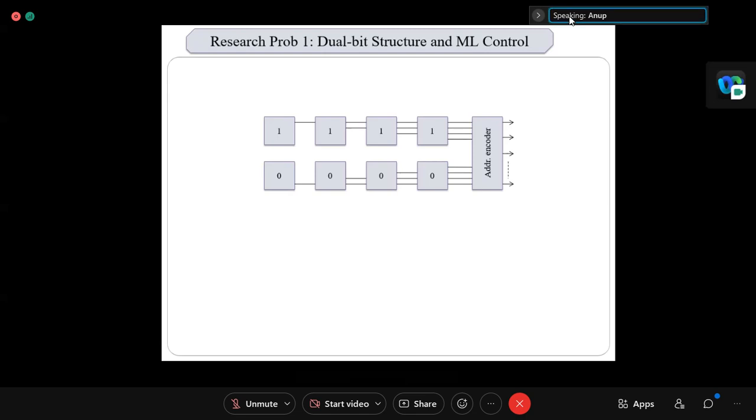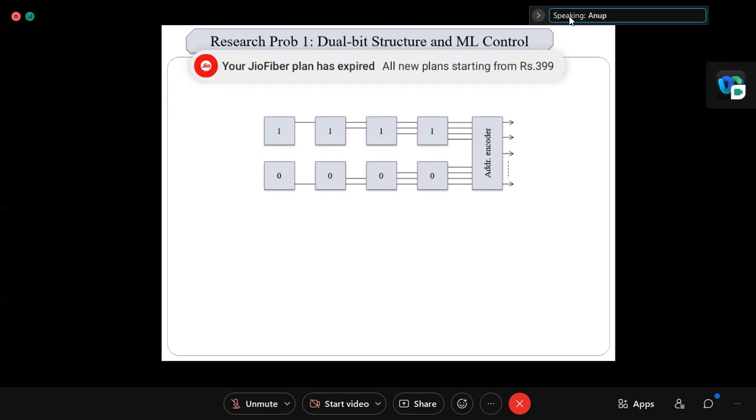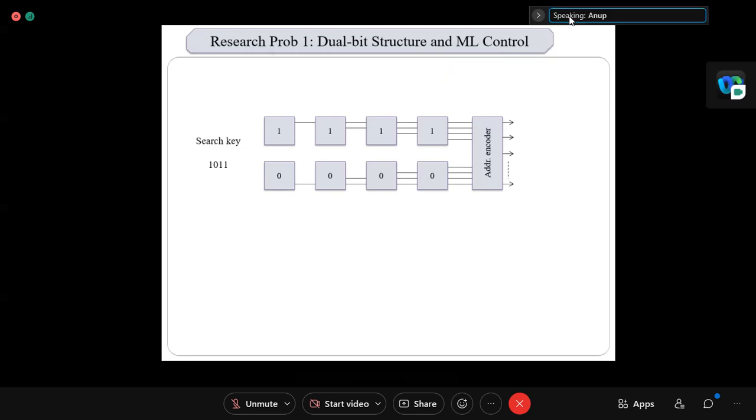In the upper CAM all are given 1, and in the lower CAM all are given 0. If we are looking for search data, let's say 1011, then what is to be done? It could be done like this: 1 means the upper one matches and the lower one mismatches, then this, then this, then this, and automatically it will generate a 1.